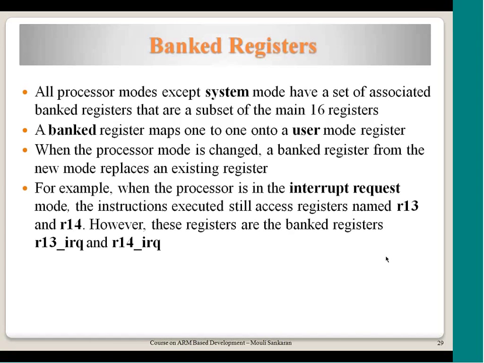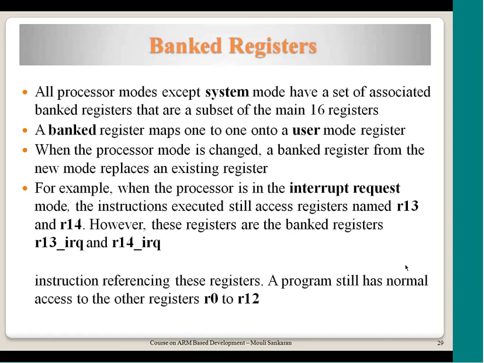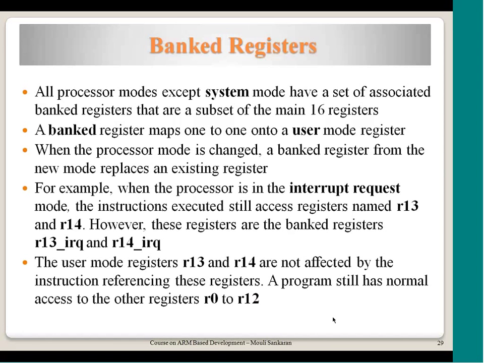For example, on an interrupt request, if R13 and R14 are accessed in IRQ mode, they will be accessing the R13 and R14 of IRQ and not the original user mode registers that I explained earlier. So user mode registers R13 and R14 are not affected by this operation, whereas R0 to R12 in IRQ are the same as the user mode registers.